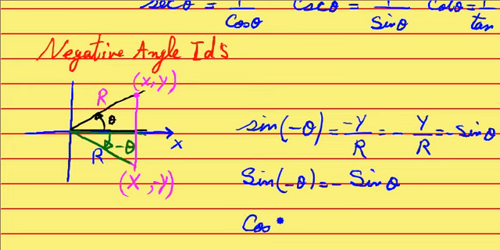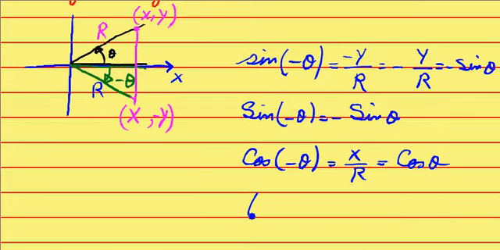How about cosine of minus theta? The cosine of minus theta is a ratio of its x divided by r. But x here and x here are the same. So that's the same as cosine of theta. How about tangent?